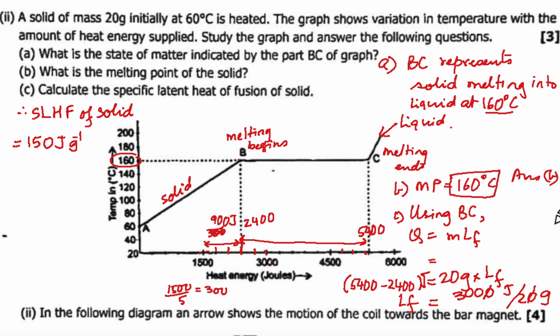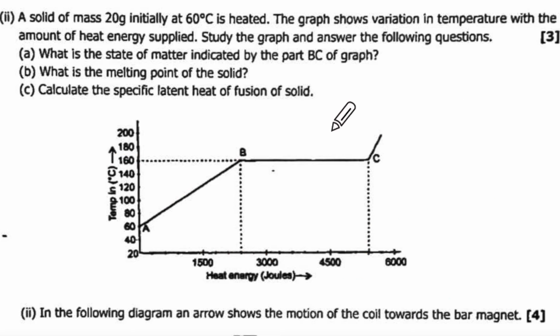Now they could have also asked right over there a question which they have not asked. They could have asked you to find the SHC of the solid also. If they had asked you for the SHC of the solid, what would you have done?